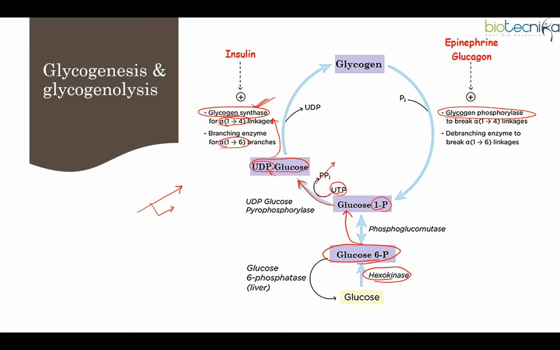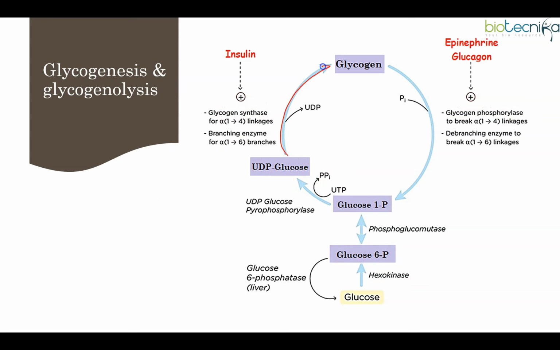The enzyme which will add the glucose to glycogen is glycogen synthase. Generally, this glycogen synthesis will take place when there is an excess of glucose. That means when insulin is there. We know that when glucose concentration increases, the insulin hormonal signal will be increasing. So this insulin will be triggering the glycogen synthase.